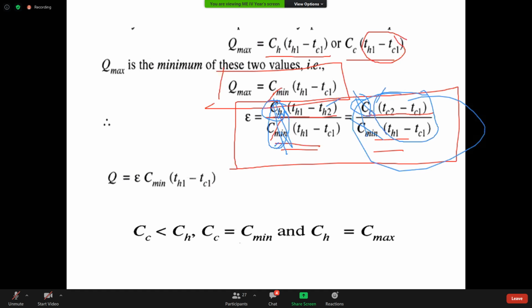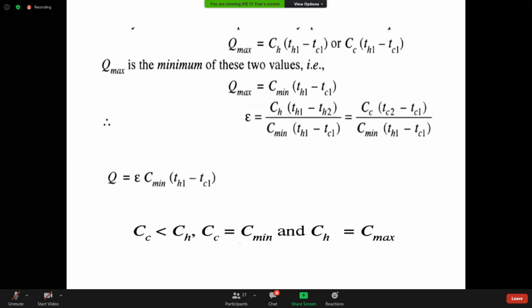Right? So here C minimum and C maximum play an important, significant role.